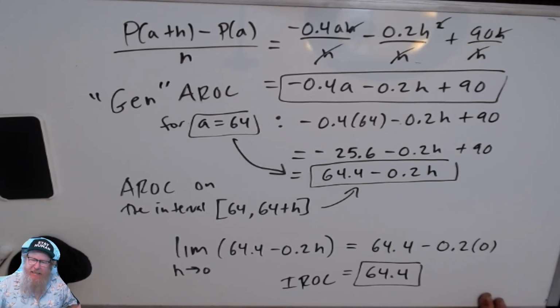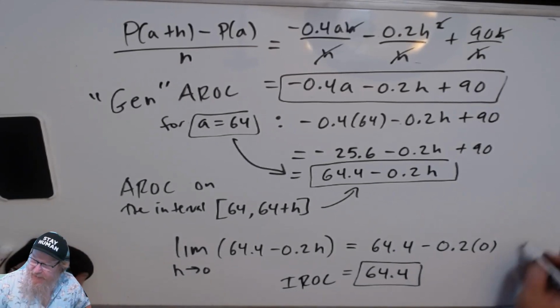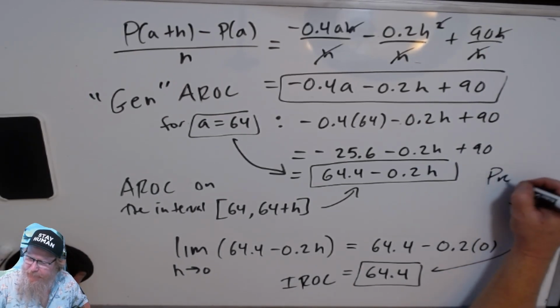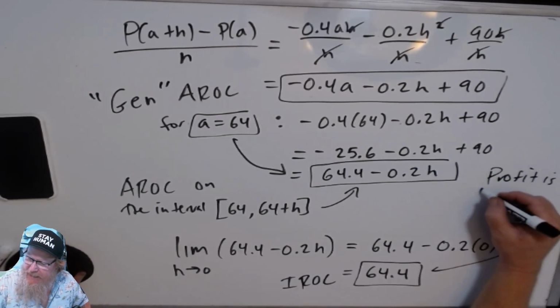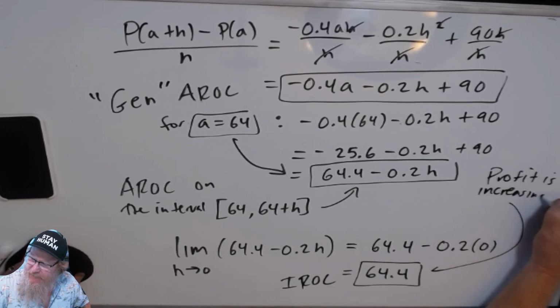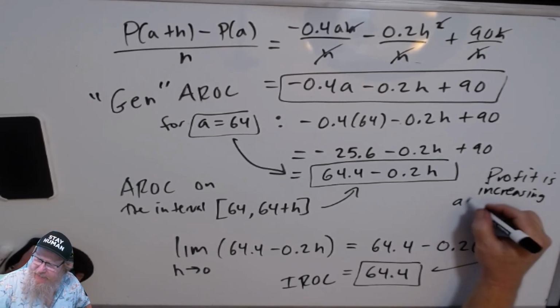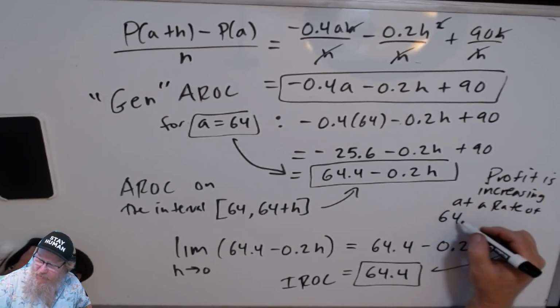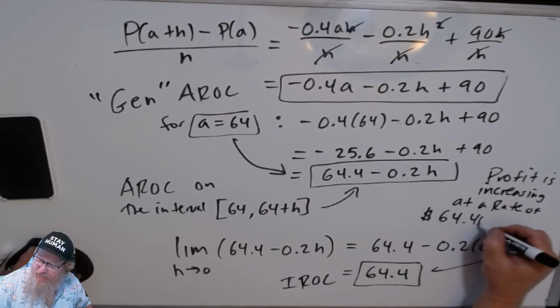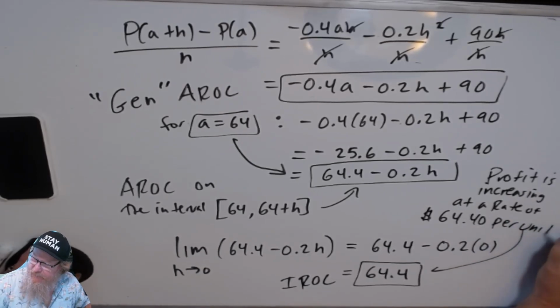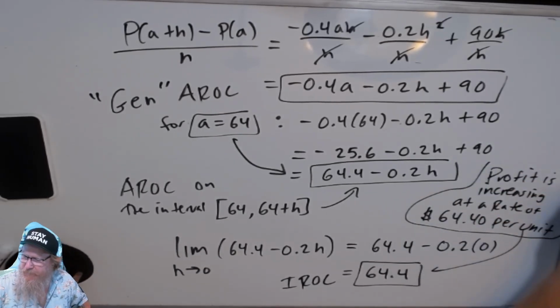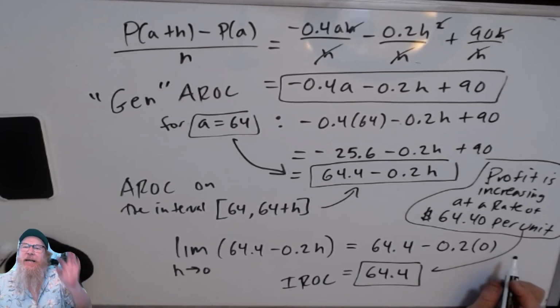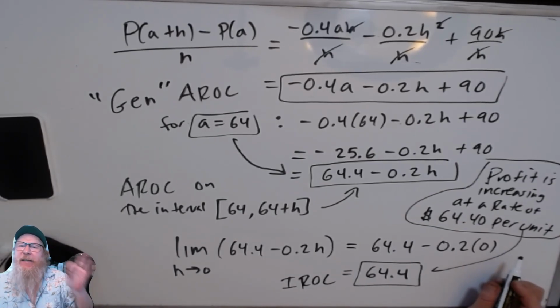What does this mean? This means that profit is increasing at a rate of $64.40 per unit. And again, it's at that particular time.